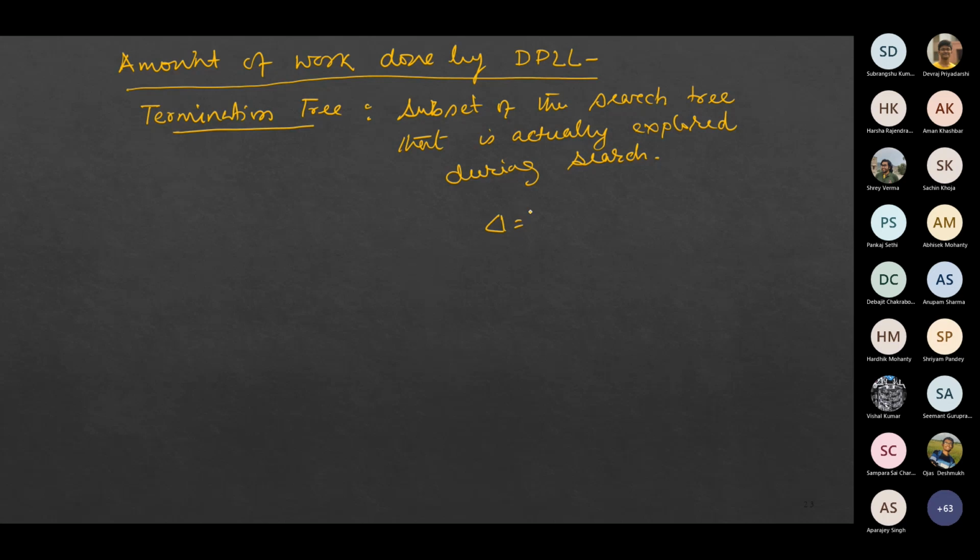So let us take delta to be A, B, not B, not C, C, not D. So you start with A. What we are doing here is conditioning delta over A, right? Here we do not do any conditioning, so we have delta.